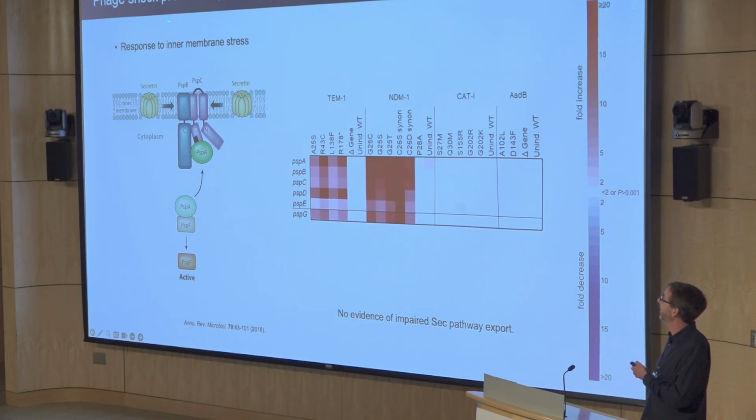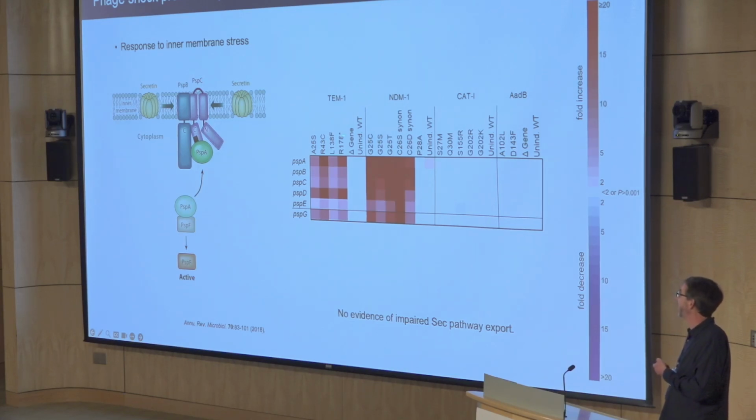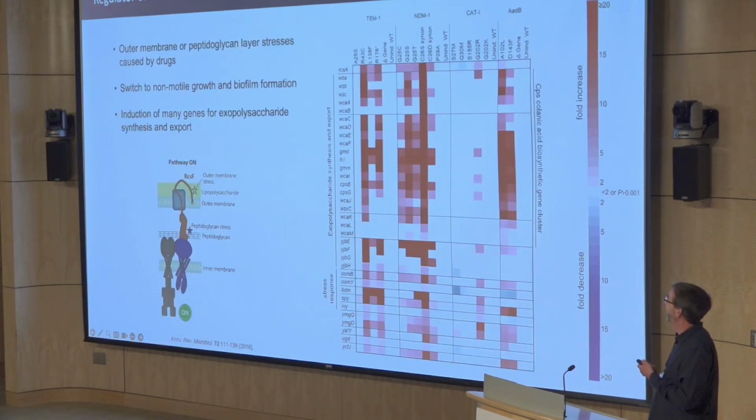This is a particular stress response pathway in E. coli, the phage shock protein response, which is a response to intermembrane stress. In our secreted proteins, all mutations seem to induce that, but our cytoplasmic proteins do not. That seems to be satisfying. However, there's an outer membrane stress response here that is typically known to be activated in response to antibiotics.